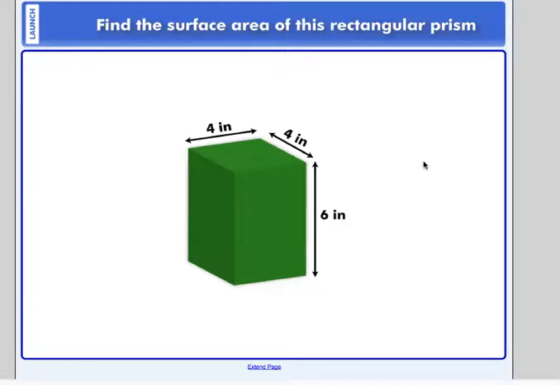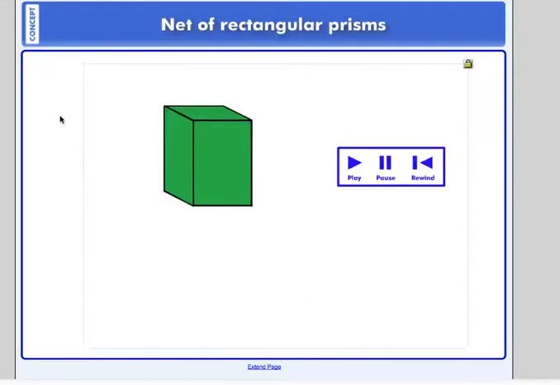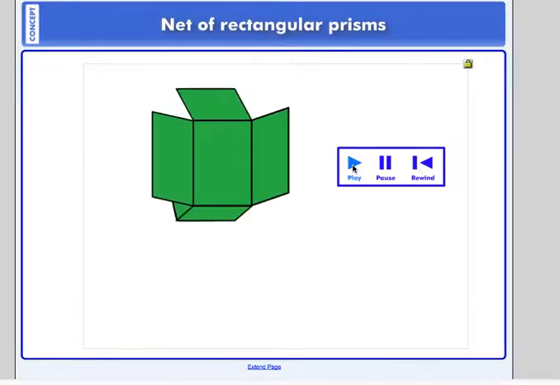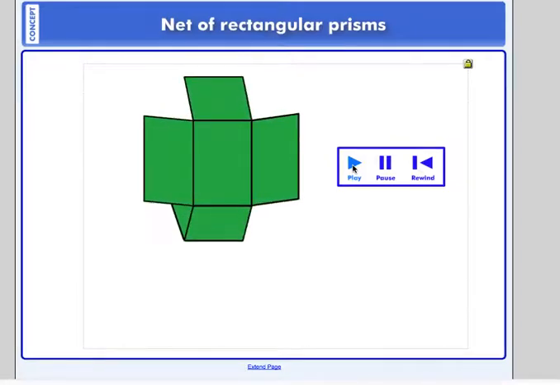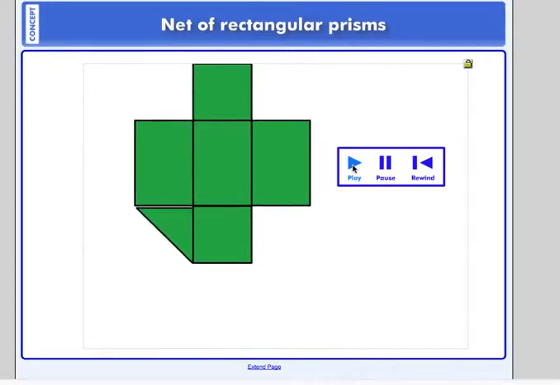Now, that's one way to do it. Just make a list of the area of each side and add it together. Another way to think about it is to think about the net of that prism. If I were to imagine opening up my box and laying it flat, I can see all of the sides. Really then, all I have to do is find the area of this shape.